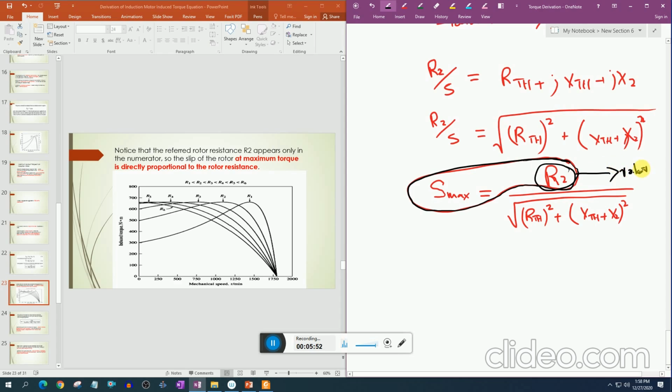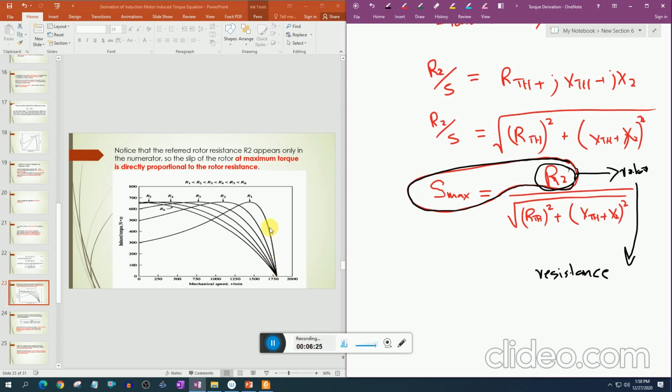As we already studied, in the wound rotor motor we can control the resistance of the rotor, as it is connected through slip rings and carbon brushes, and we can insert some external resistance. By adding external resistance we can adjust the pull out torque according to different slips.